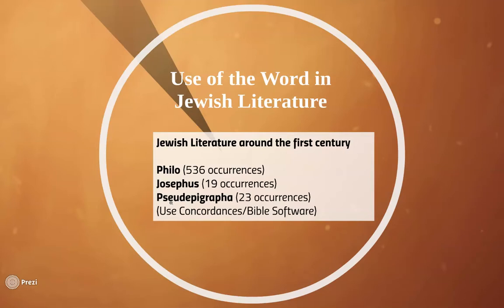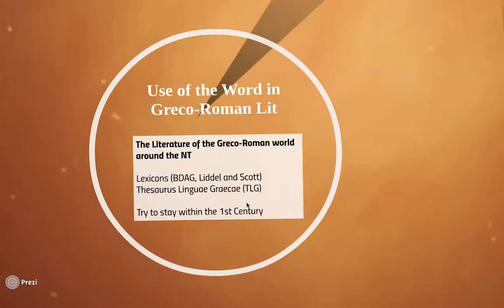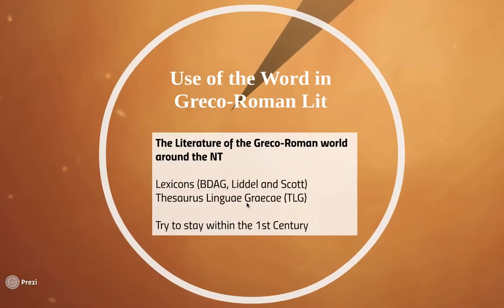And we can see that Philo really likes this term. Josephus not as much, and the Pseudepigrapha also not as much. But you could look at how these are used outside of the New Testament in the Jewish literature of the first century and see if that has any parallels to how the term is being used in your particular target passage.